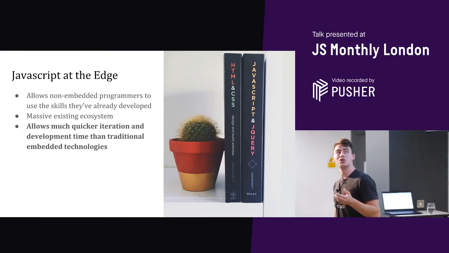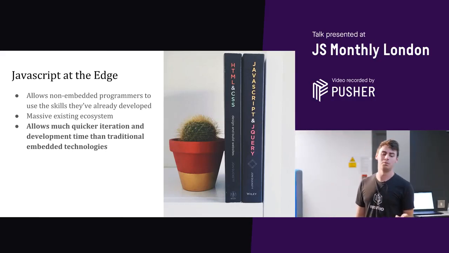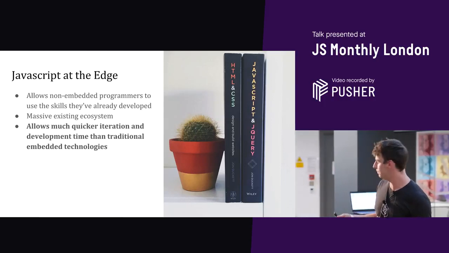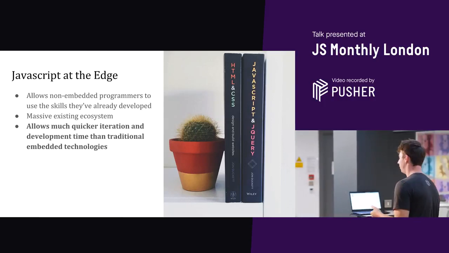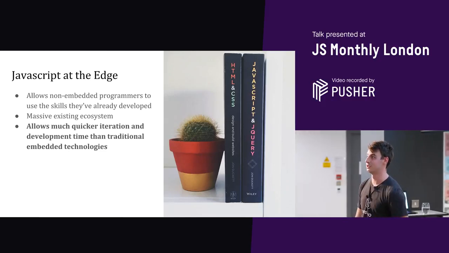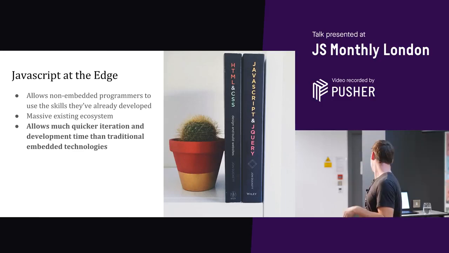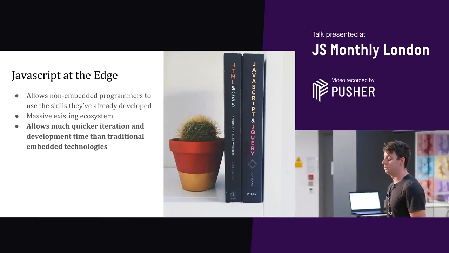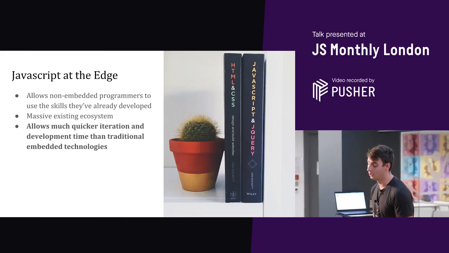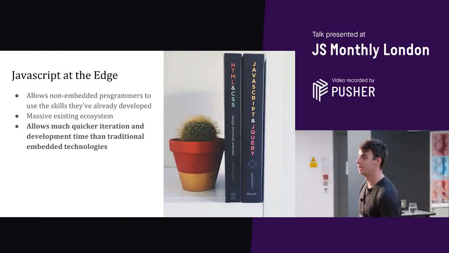So the next point doesn't just apply to JavaScript, but applies to higher level and more modern languages in general. In the past, for embedded devices, it would have been originally written in C or C++, or at a push, even assembly. Partially this was because we'd need to squeeze every single CPU cycle or every single byte out of memory.